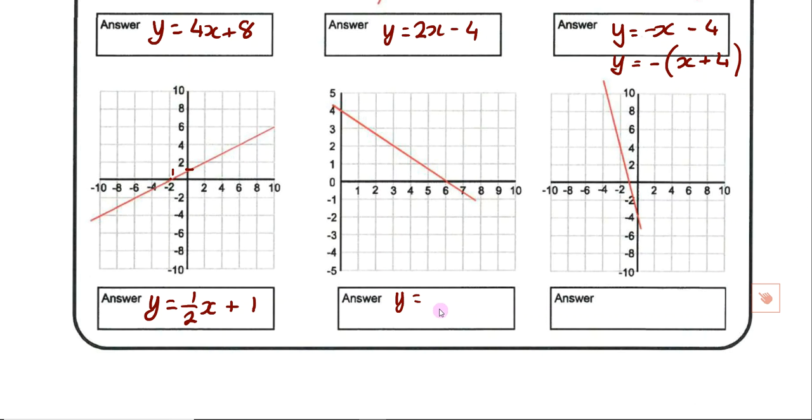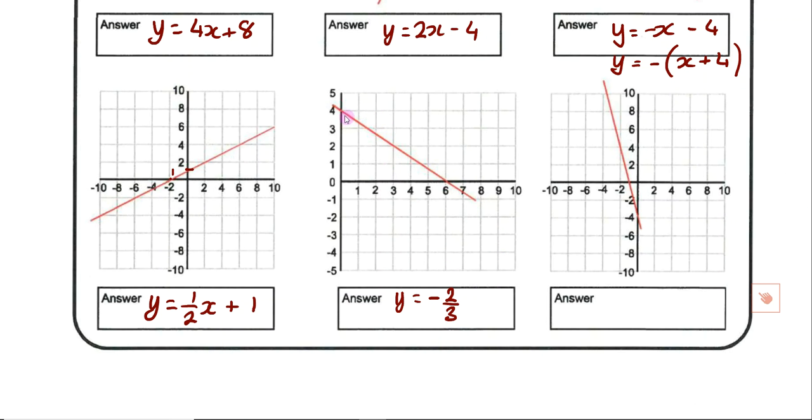This one next. It is negative. Negative 1/2 or negative 1/2 is the same thing. It's not a half. Negative 2 over 3. Yes. Rise over run.